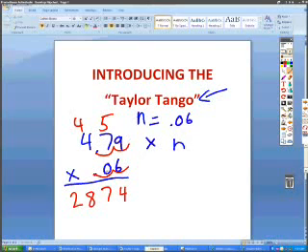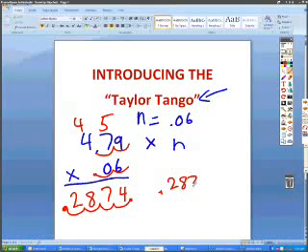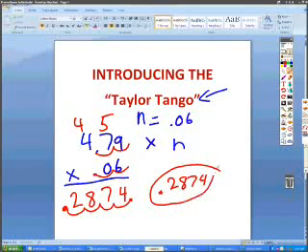We have 4 steps to the right. If we take 4 steps to the right, we've got to take 4 steps to the left. Invisible decimal point goes here, and we need to move it 4 places to the left. 1, 2, 3, 4. Our answer is 2,874 ten-thousandths.